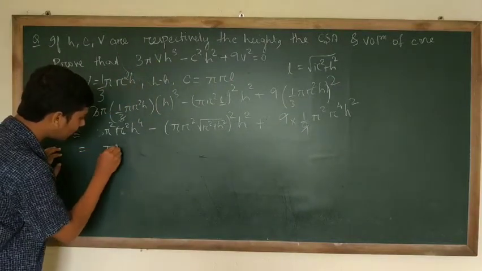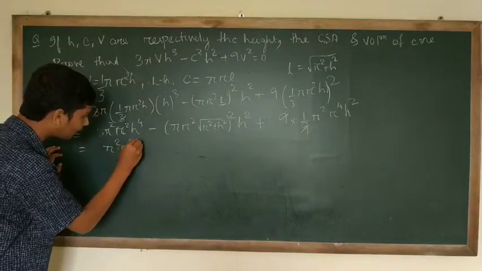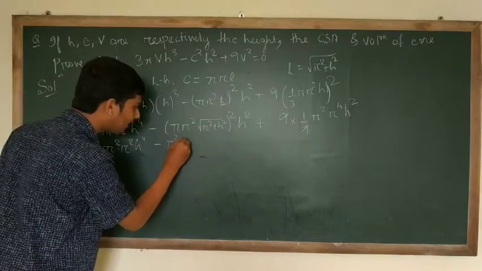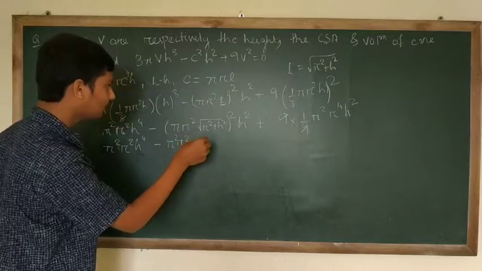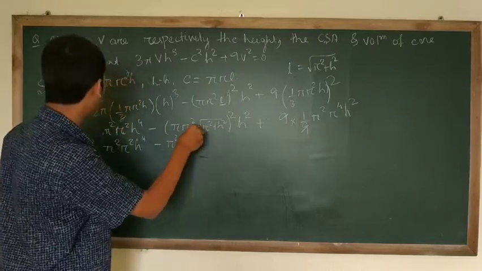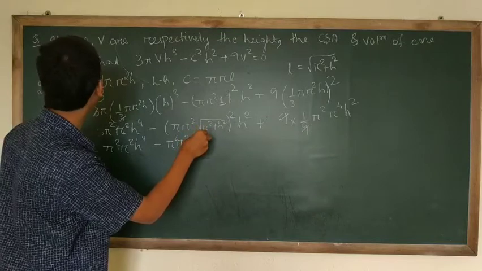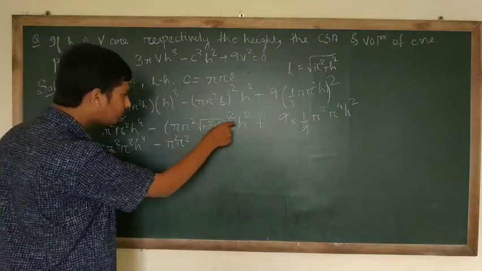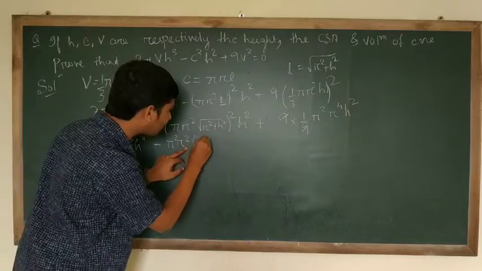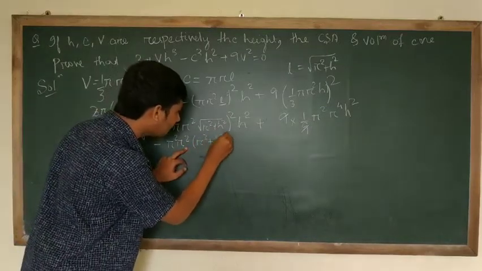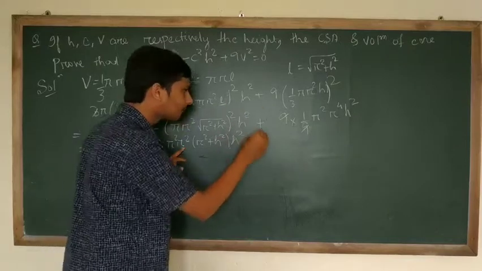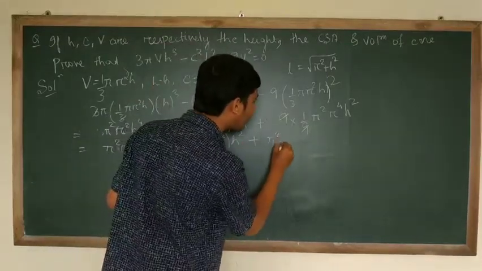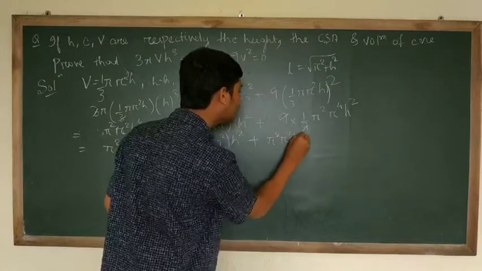So pi square r square h to the power 4 minus pi square r square into r square plus h square into h square plus pi square r to the power 4 h square.